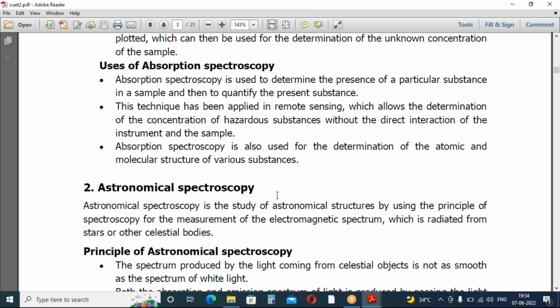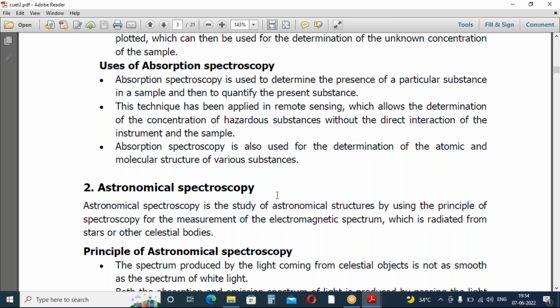How much of the light is passing through the solution can be determined using these frequency and wavelength levels, detected in terms of absorbance, and that is called absorption spectroscopy. This is mainly used for the determination of atomic and molecular structure of various substances.